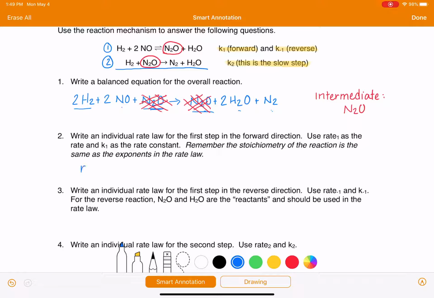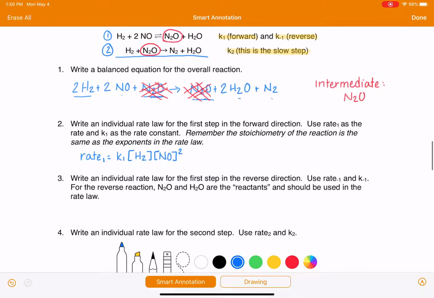We're going to call that rate 1. We're going to call that K1, and it is equal to the concentrations of the reactants when we're looking at the forward direction. So H2 and NO, and remember that the stoichiometric coefficients in the elementary steps are the exponents in the rate law.